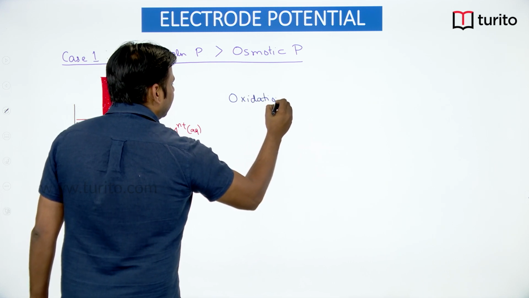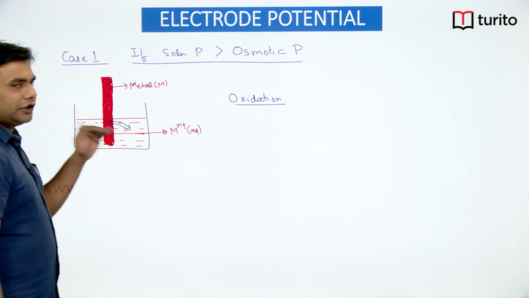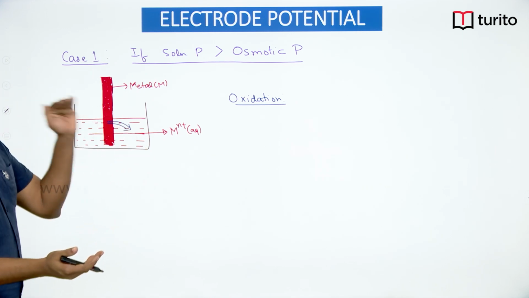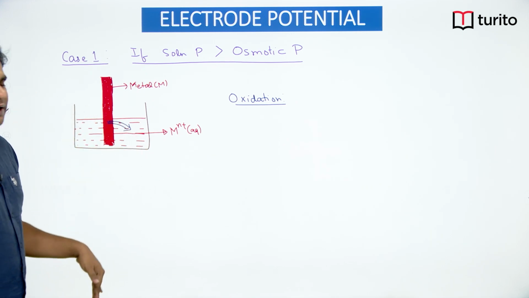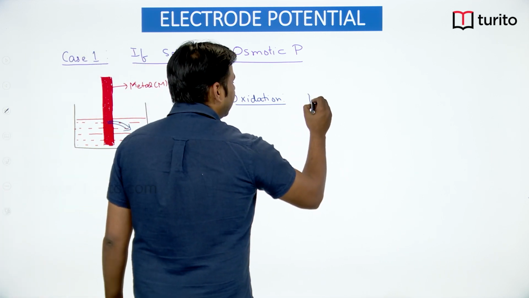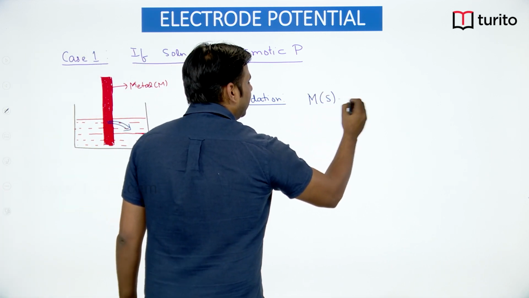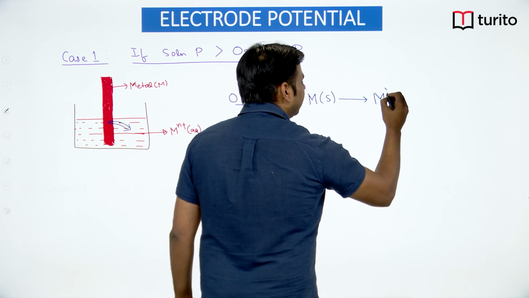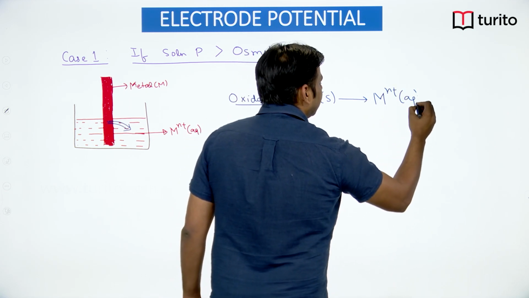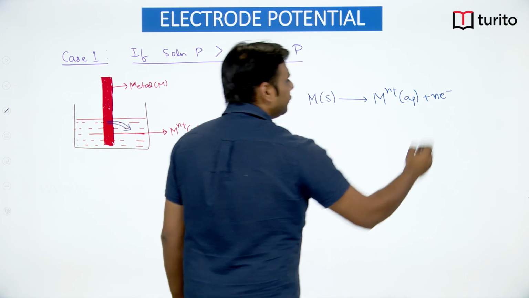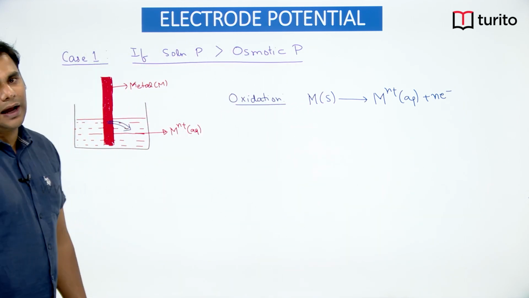When solution pressure is more and osmotic pressure is less, the metal would pass from the rod into the solution as ion. So the metal would get oxidized into metal ion. We'll say that oxidation will happen.